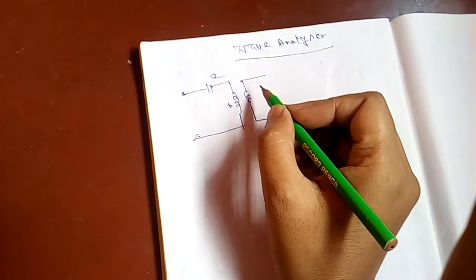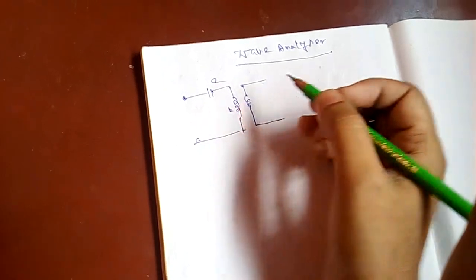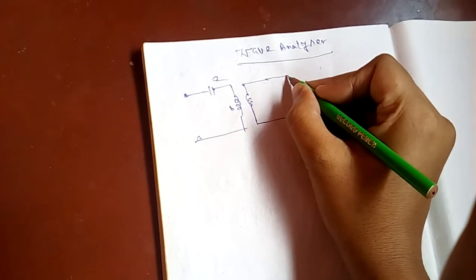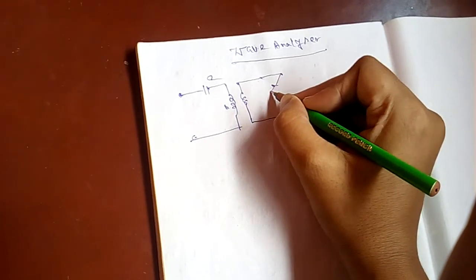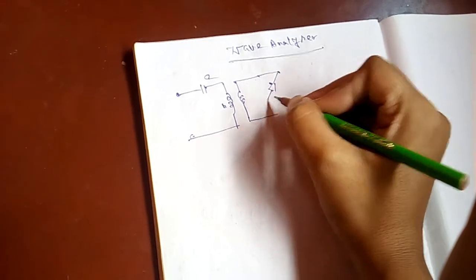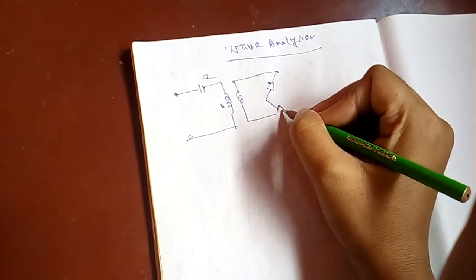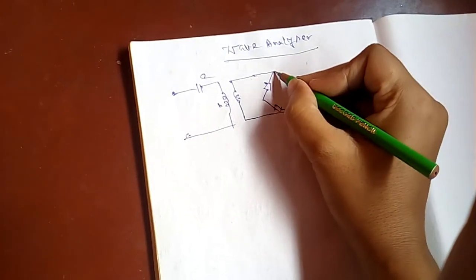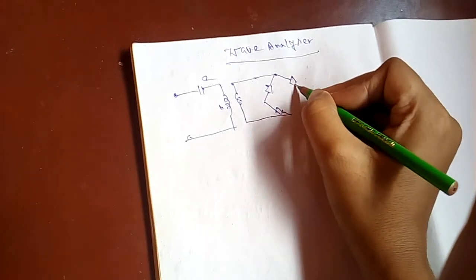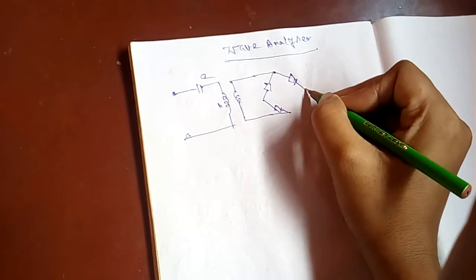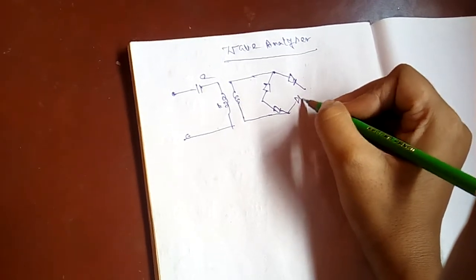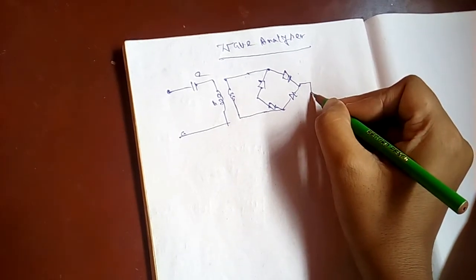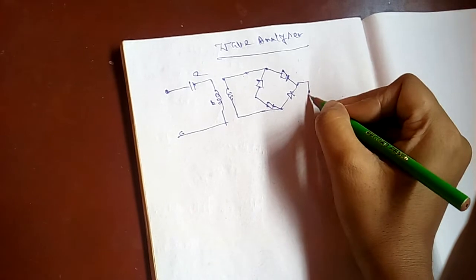The intermediate stage is a full wave rectifier. Full wave rectifier means using diodes; we can draw the full wave rectifier. This is the full wave rectifier, and it obtains the average value of the input signal.